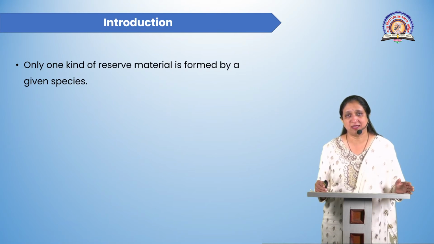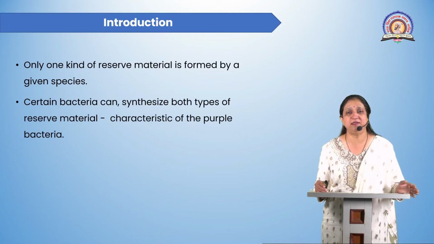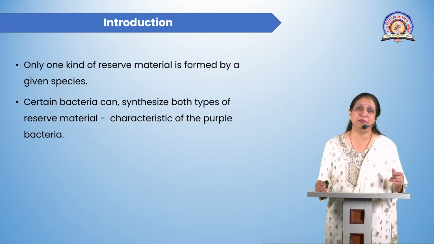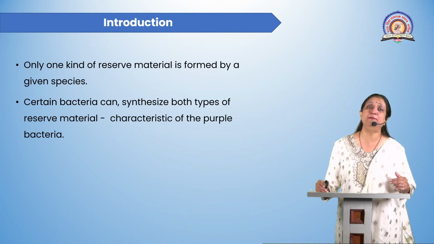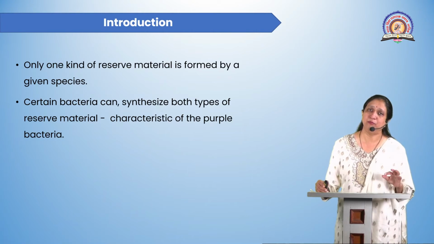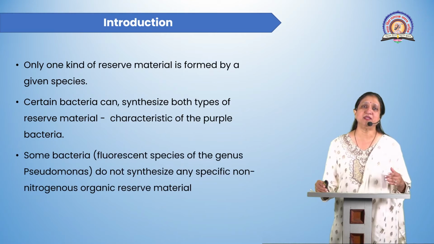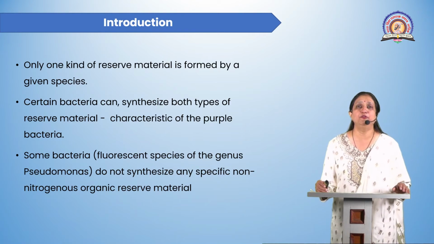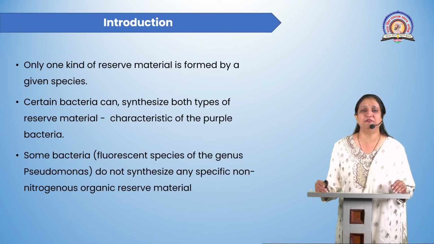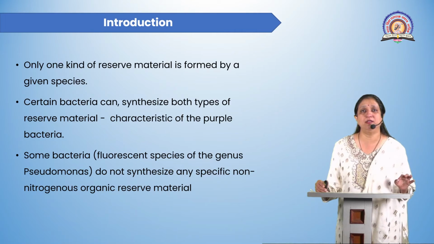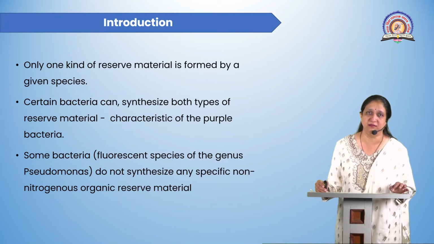Very few cells, like for example the purple sulfur bacteria, have an ability to synthesize two different types of granules, which include the sulfur granules as well as the PHB granules. Right? But most of the cells have an ability to synthesize only one type of granule at a time. Some bacteria, like for example the fluorescent species of the genus Pseudomonas, do not synthesize any specific non-nitrogenous organic reserve material.